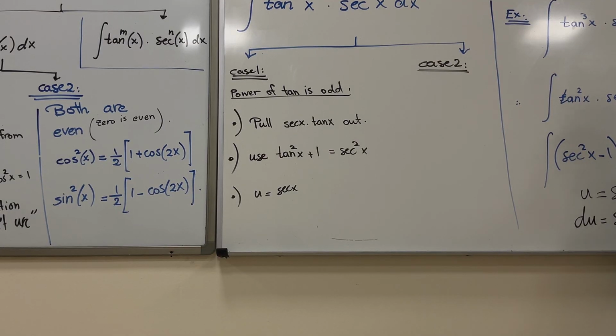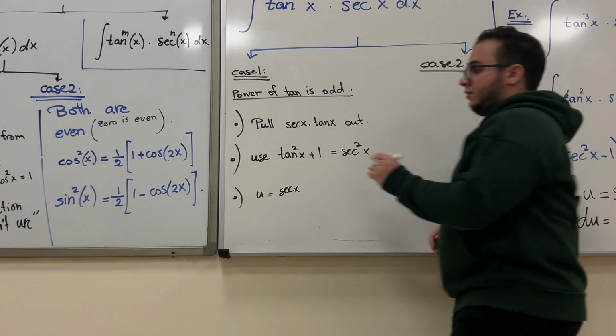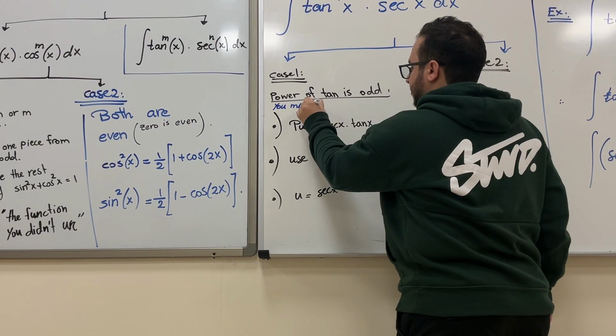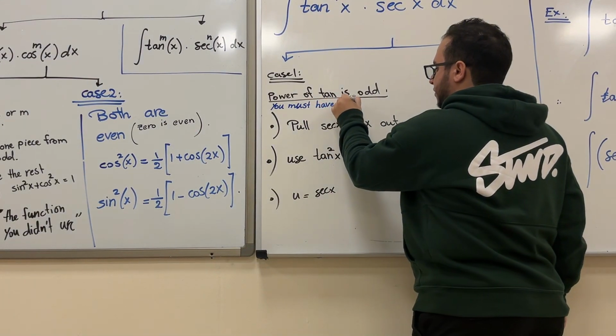Also tan cube, tan power 5, the same thing, when tan is odd and secant is not there. So the procedure gets different. Here, you must have at least one secant.